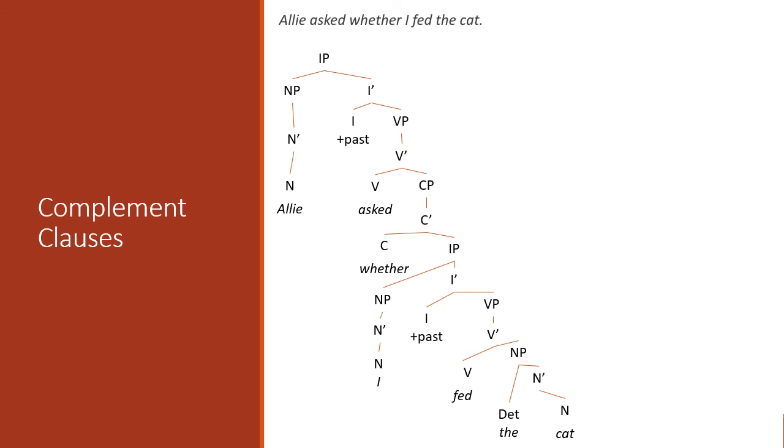But then there is a complementizer. Whether is the complementizer that takes that entire sentence and puts it inside of another sentence. So that's a CP, and you have an IP within a CP. Whether I fed the cat is the CP that is the complement of the verb phrase of asked, which goes in the main IP, or the main sentence, where the subject of the sentence is Allie, and the predicate of the sentence is asked whether I fed the cat.